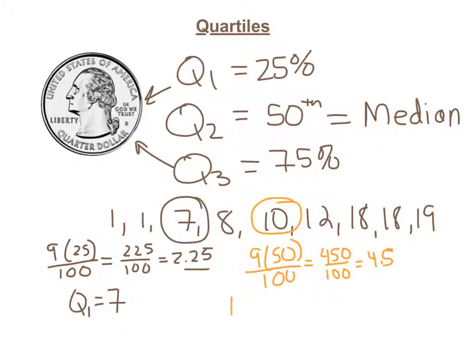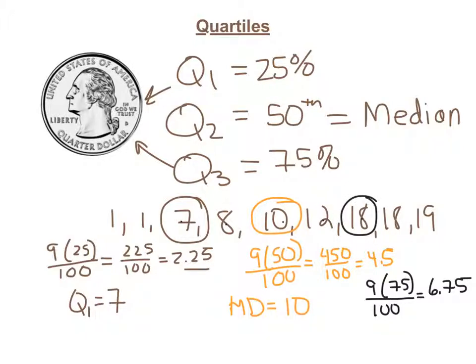Q2, my median, is equal to 10. And finally, we'll do Q3. So when you're doing Q3, you get 9 times 75 over 100 equals 6.75. That's not a whole number. You're going to round up to 7. 1, 2, 3, 4, 5, 6, 7, 18 is my Q3.